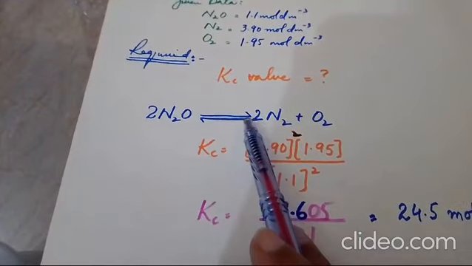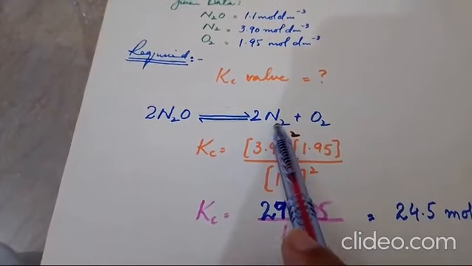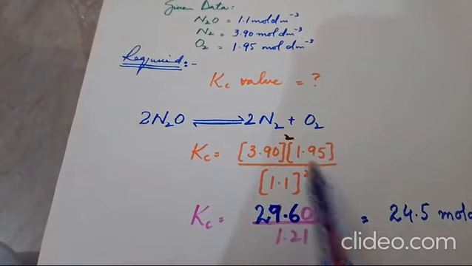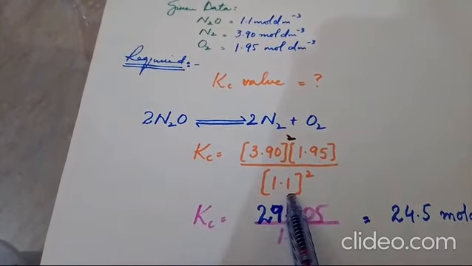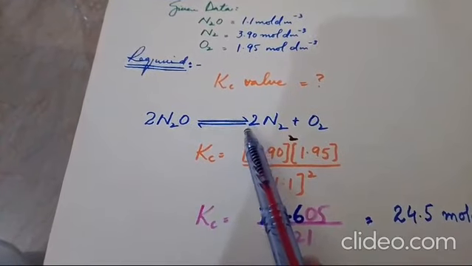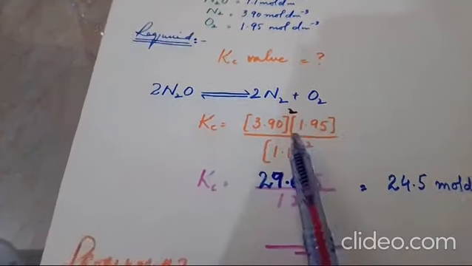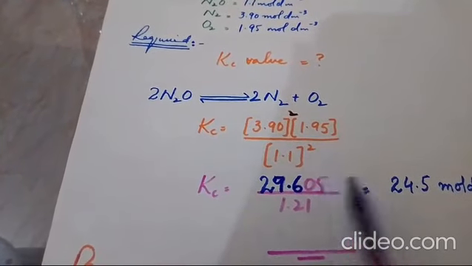So the value of N2 is 3.90, O2 is 1.95, and N2O is 1.1. And we know that the moles become the powers. Mole becomes power.